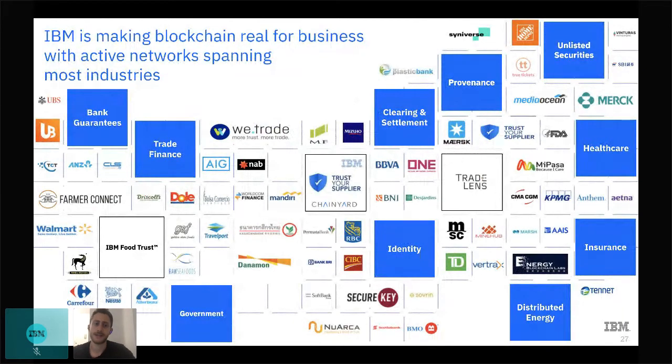What's interesting to see is IBM has a vast range of different use cases that they've been working on. Things from provenance to healthcare, insurance, trade finance, identity, to call out the MiPasa project, which is a partnership with Oracle, Microsoft, and Hedera.